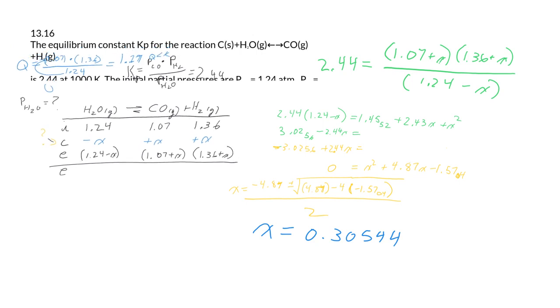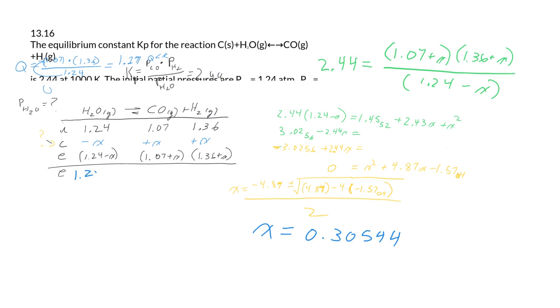So for water here, I'm going to take 1.24, the initial concentration, minus that x value. And that's going to give me 0.935 atm.